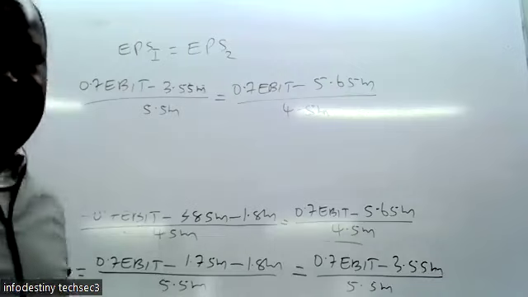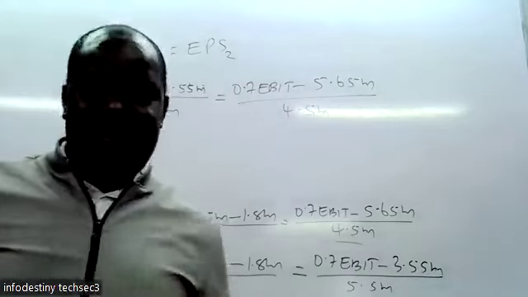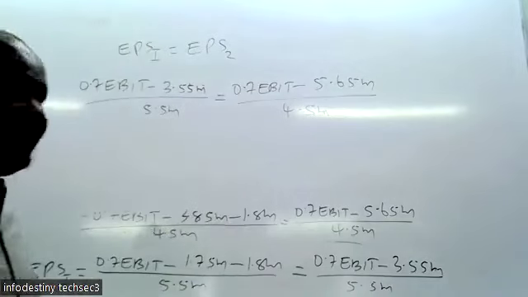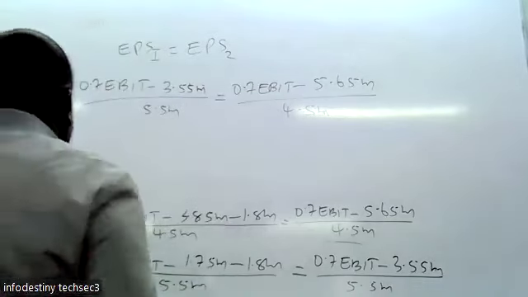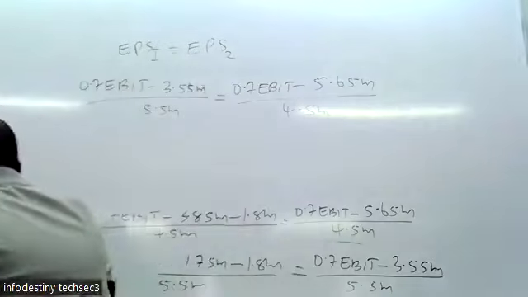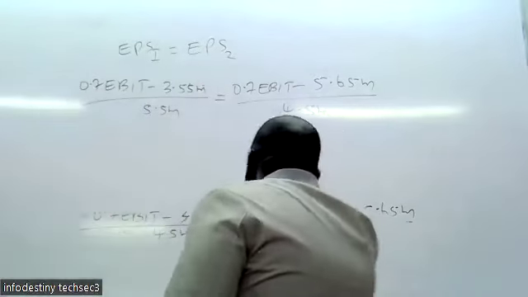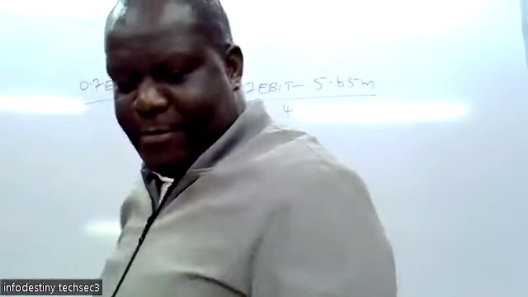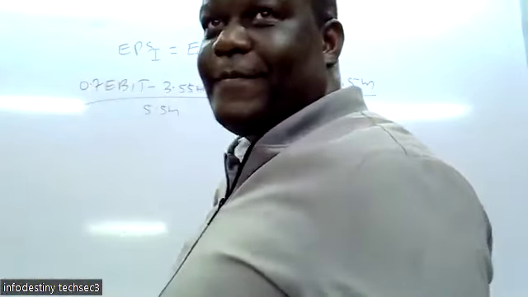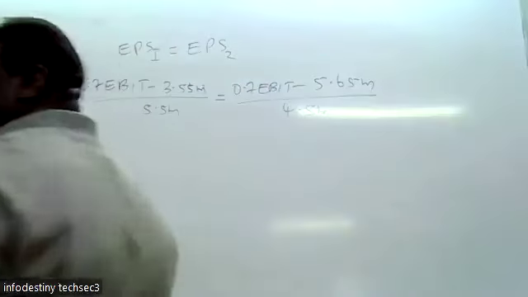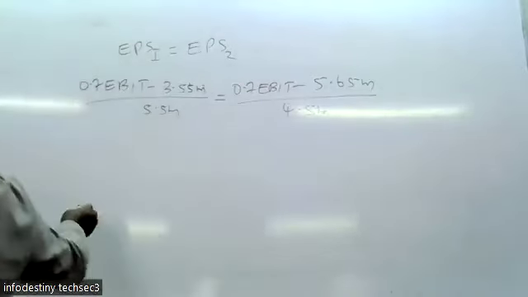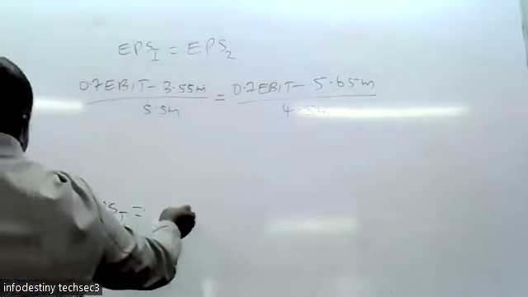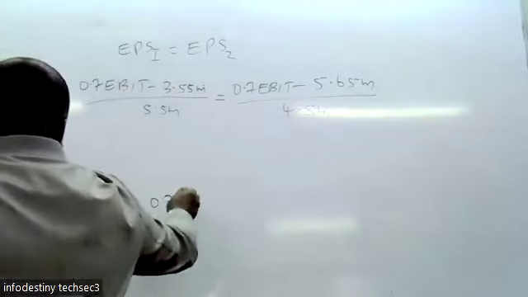So what are we able to get? Earnings before interest and tax, 21 points. So you use them also to get the earning per share. Earning per share we get 2.1. So earning per share for option 1, it is 2.1.